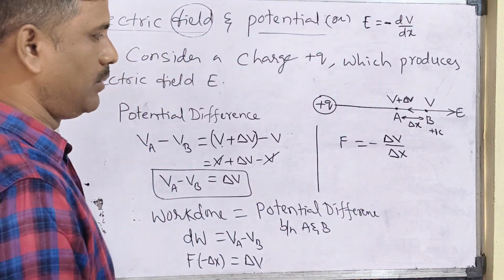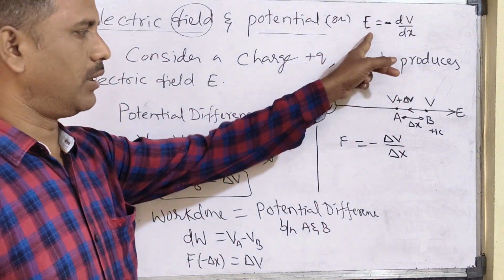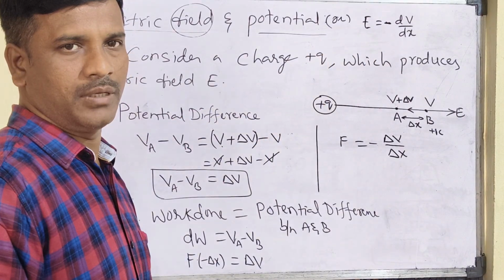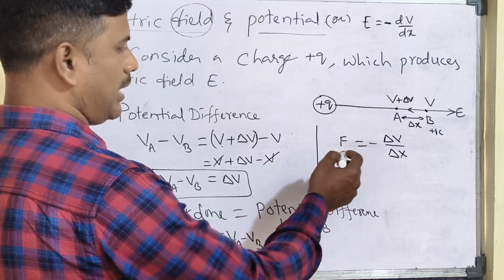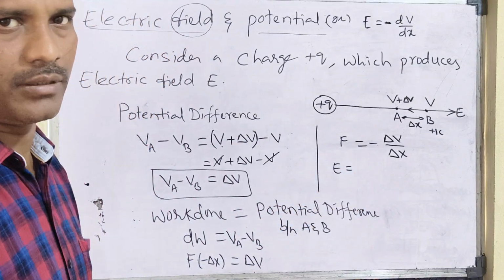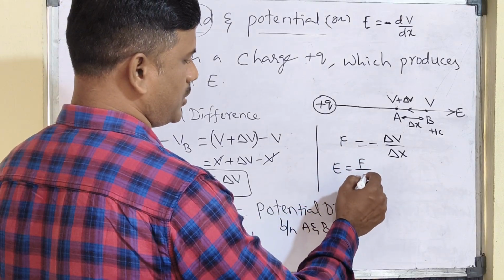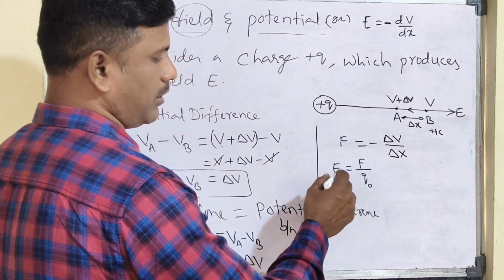Clear? Right. Now here F is there, but what we want is the electric field relation. According to the definition, the force experienced per unit positive test charge is called the electric field.